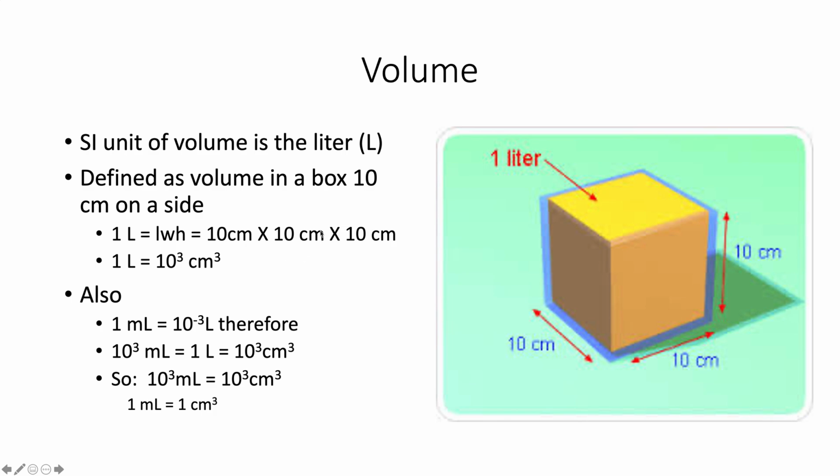So centimeters times centimeters times centimeters is centimeters cubed. Kind of handy. 1 milliliter is 10 to the minus third liters, right? So that means you can also rearrange this, multiply each side by 10 to the third. So 10 to the third milliliters is a liter, but a liter is also 10 to the third cubic centimeters. So knowing that a milliliter is a cubic centimeter is kind of handy.